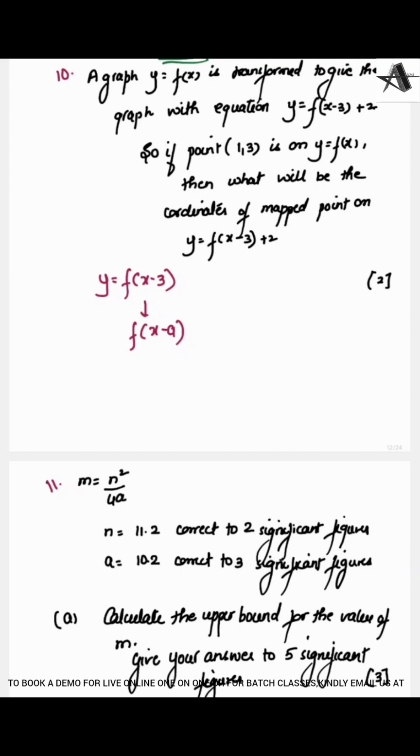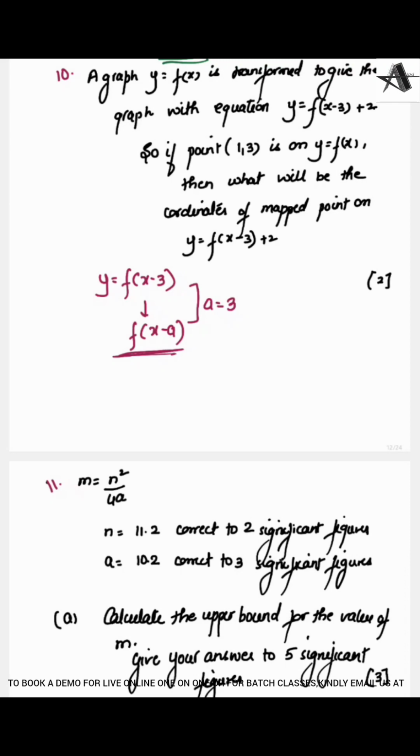If something is added or subtracted with x in this format, this is a translation. You are moving that particular graph. This is the standard format of translation, f(x minus a), where a represents the direction you are translating. Comparing, I get a equals 3. That means I am translating 3 units in the positive direction.